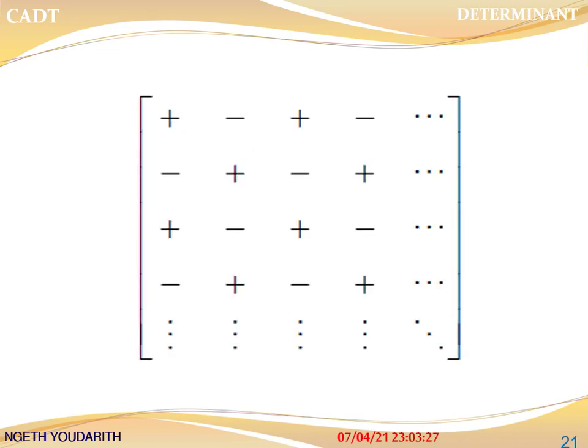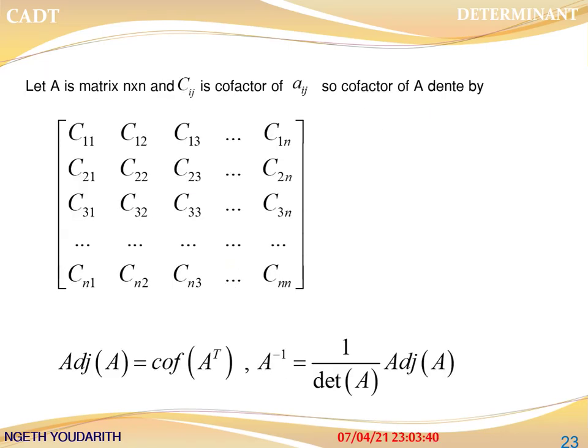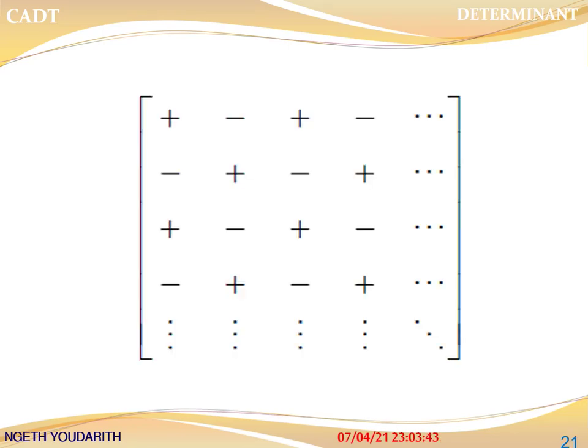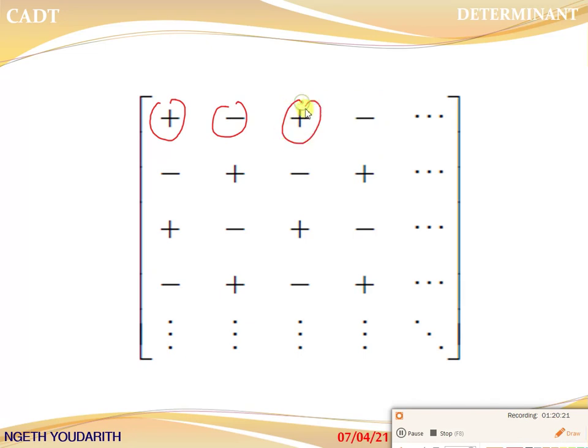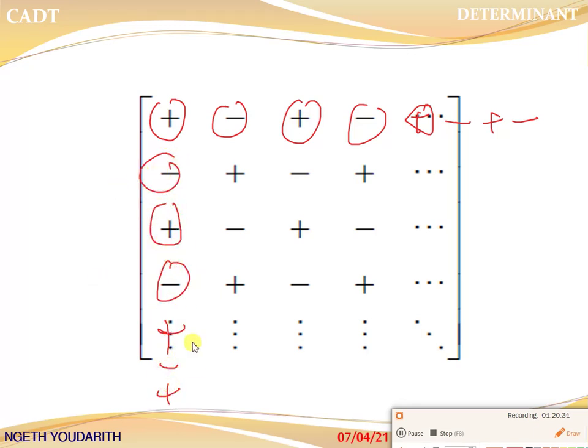And this is the sign of our determinant. The first is plus, minus, plus, minus, plus, minus, plus, minus. The next row is minus, plus, minus, plus, minus, plus. This is the sign pattern of our determinant.